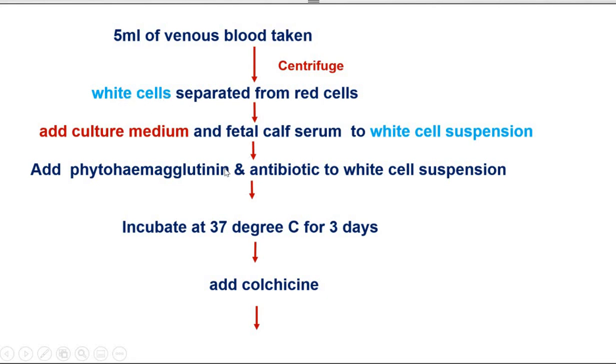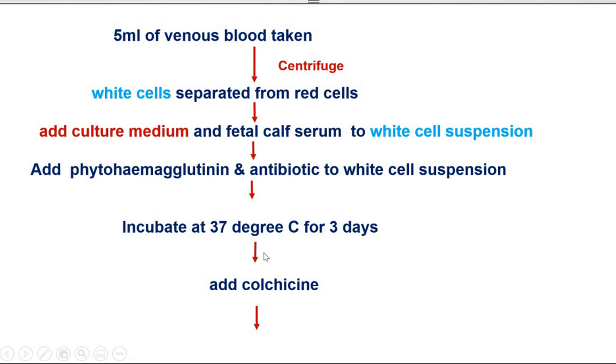Now, after that, you will add phytohemagglutinin and antibiotic to this. This antibiotic is going to prevent infection of the culture medium, and phytohemagglutinin helps in further cell division. And then you will be incubating this at 37 degrees centigrade for 3 days, right?